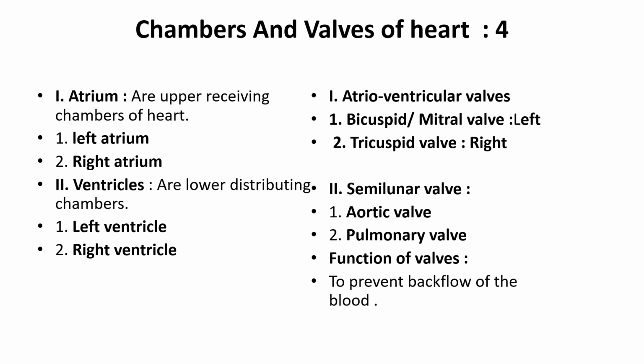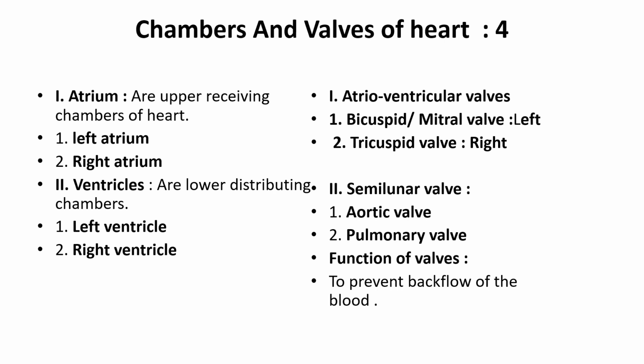Chambers and valves of the heart: there are four chambers. Atria are two, the left atrium and right atrium; ventricles are two, the left ventricle and right ventricle. Valves are four, of two main types: atrioventricular valve and semilunar valve.